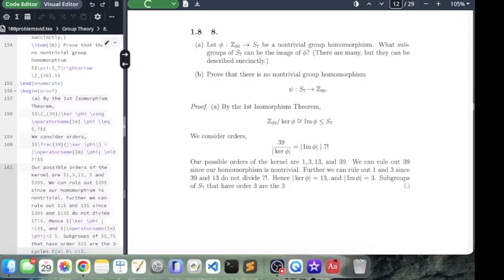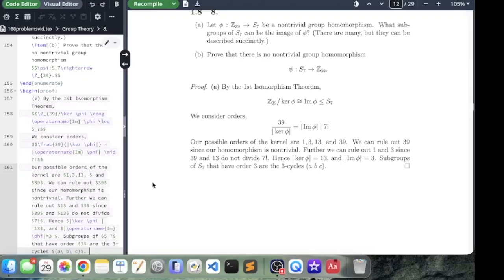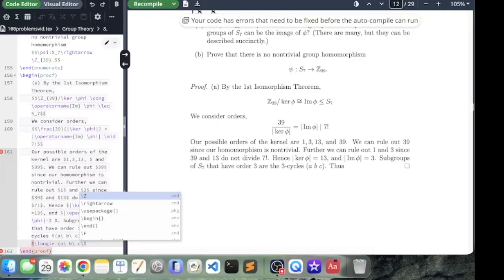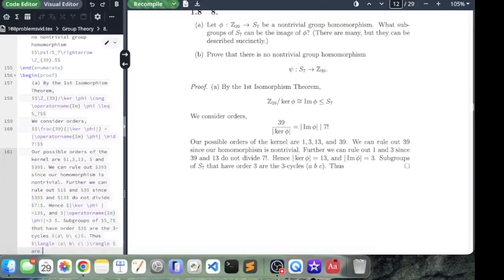And since they have order 3, we can say elements of S7 that have order 3 are the 3-cycles that look like this.